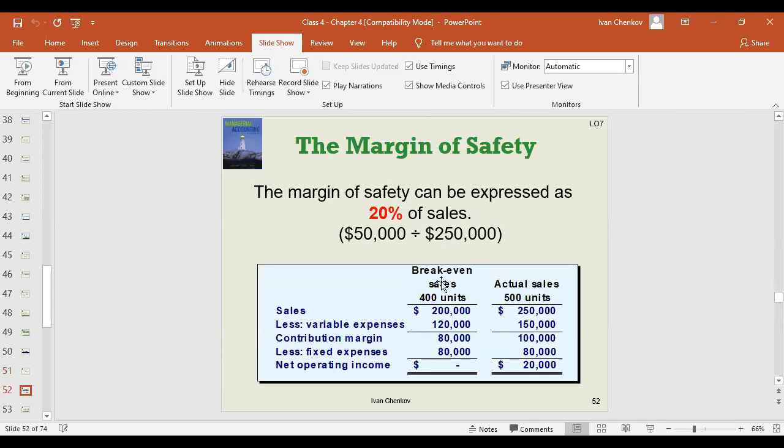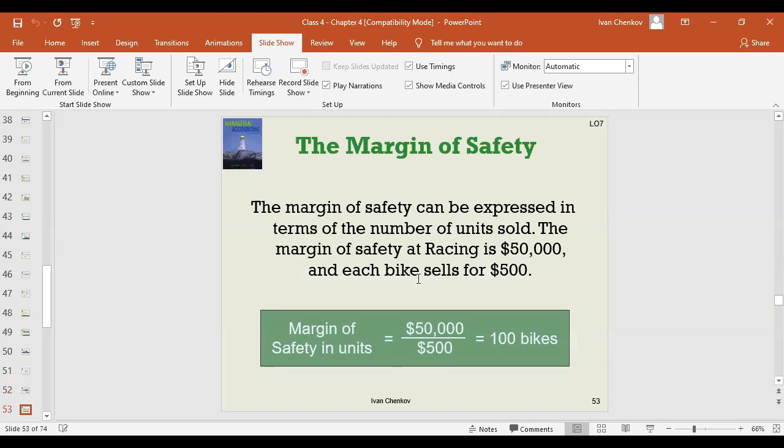You can express it as a percentage as well. That will be the margin of safety divided by where you currently are, and that will be 20%. For the number of bikes, it is the bikes you're selling currently minus the bikes at the break-even point.